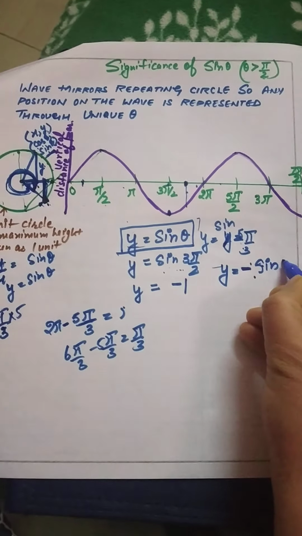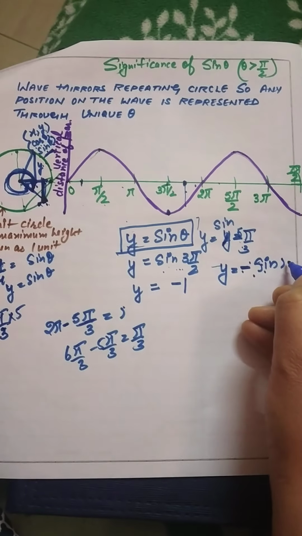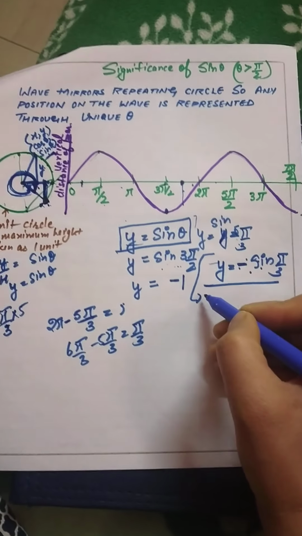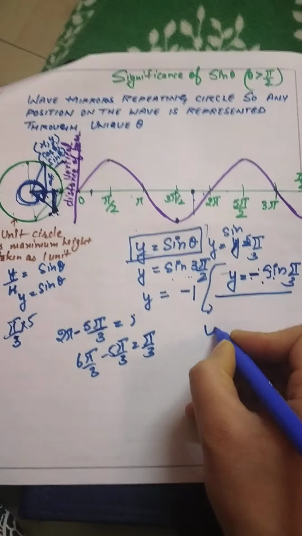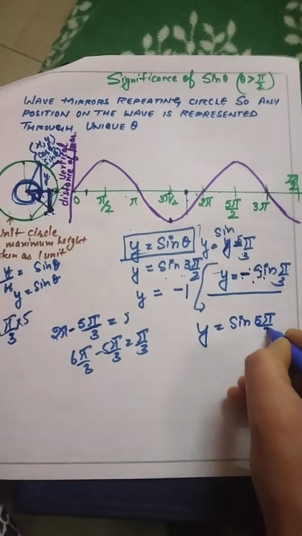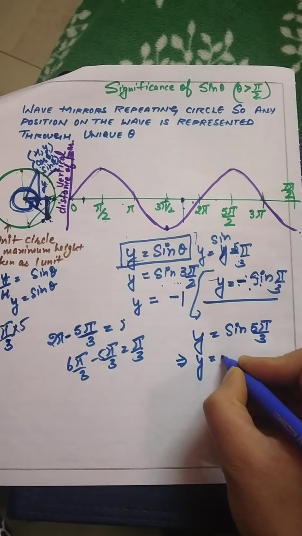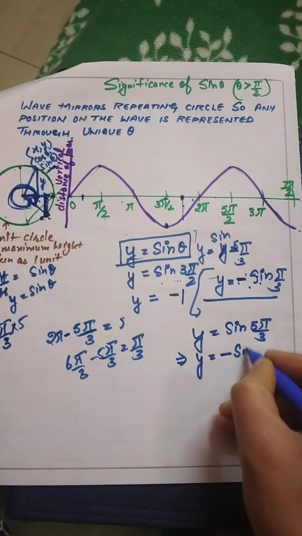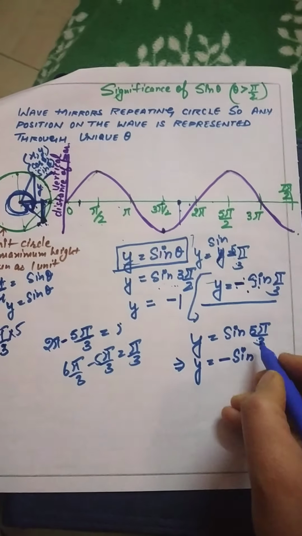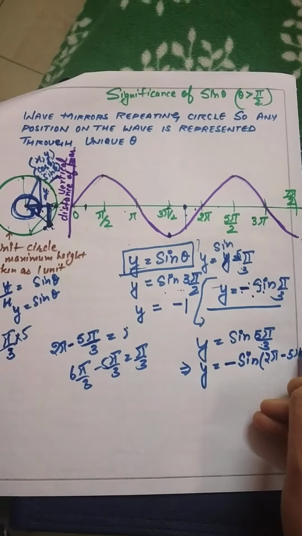Okay, and how do we get its amplitude? It is going to be negative and the magnitude is calculated by using pi by 3. If you want, after this you can, in fact you should, show the steps of how you should present. Actually, y equals sine 5 pi by 3. Okay, this implies y is going to be negative, we decided by this, and sine of which angle now, which we used here, it's 2 pi minus 5 pi by 3.